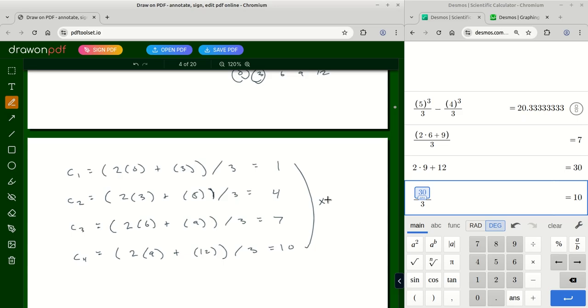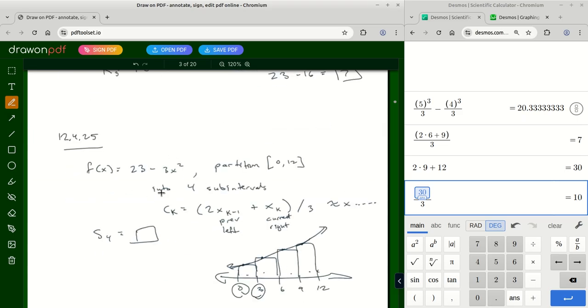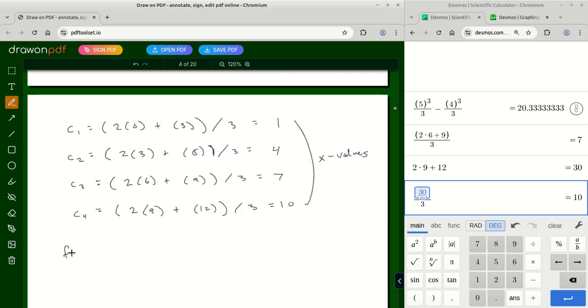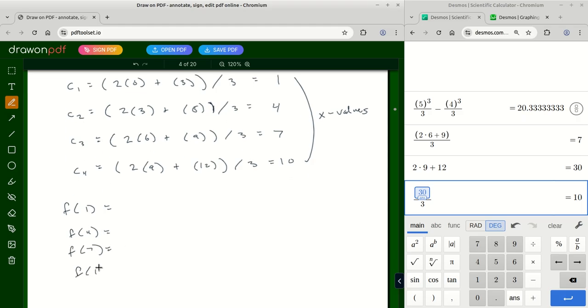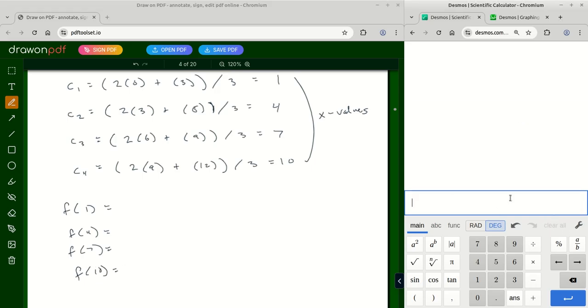So I'm going to take these x values. These are all x values, and I'm going to plug them in to my f of x right here. Basically I have f of 1, I'm going to have f of 4, f of 7, and then f of 10. And again, my f of x was, since I have Desmos up here, 23 minus 3x squared.